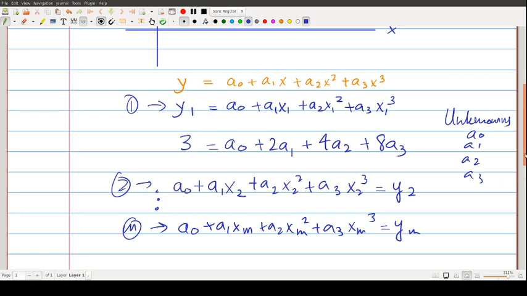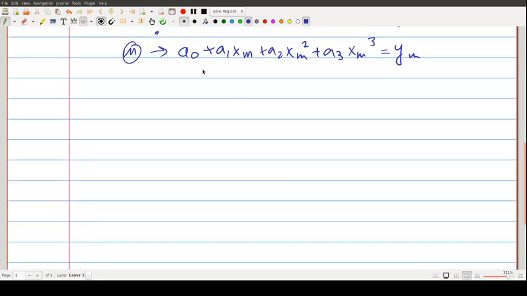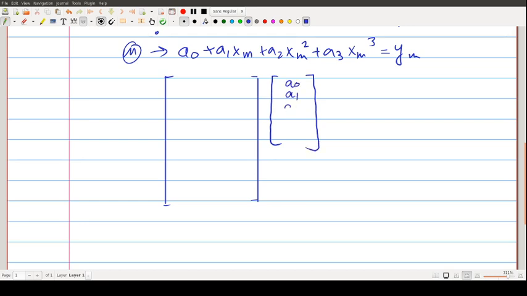And now, of course, I can write this as a large system. So I have a matrix that gives me coefficients. So make sure that you understand that the unknowns here are a naught, a1, a2 and a3, right? These are my unknowns for the problem.